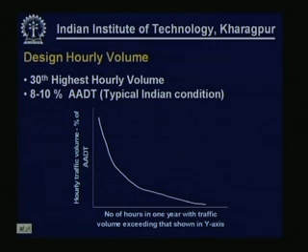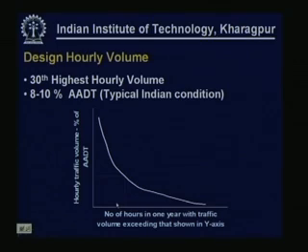Let us say we assume a certain percentage of AADT. So, we get from the graph the number of hours in a year we can expect the traffic volume to be more than whatever we have assumed. If we assume a higher percentage, obviously there will be fewer hours in a year that the hourly traffic volume will exceed that value.